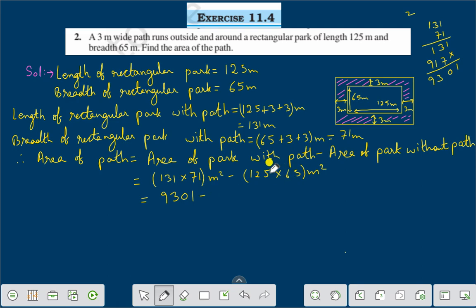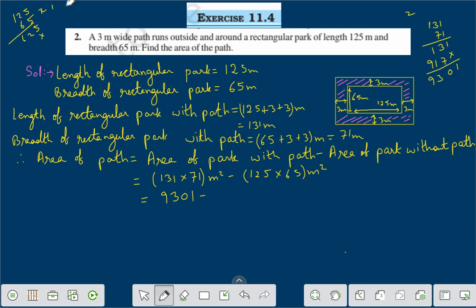Minus, if we multiply 125 with 65, what will we get? 125, multiply it with 65. You are getting 5 5s are 25, 2, it is 5. 5 2s are 10, 10 plus 2 is 12, carry 1, it is 2. 5 plus 1, 6.